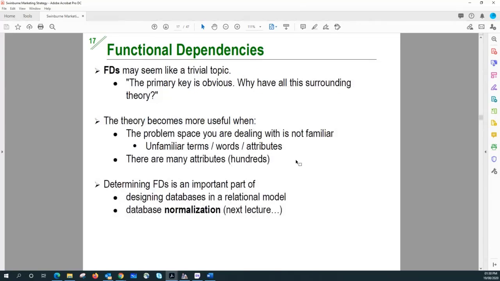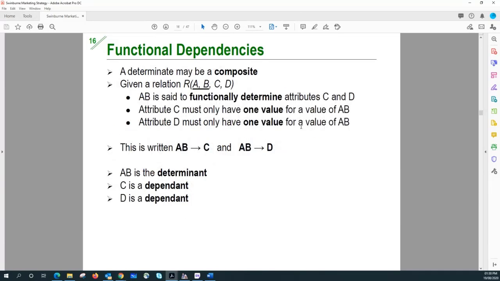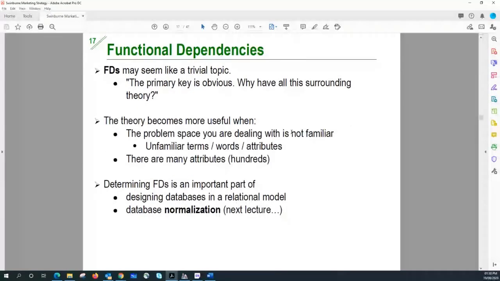Right, so this is a very small topic. It looks like a very trivial topic, but it's very important because, as I mentioned before, this theory is very important. If you go to an unknown problem space, you are dealing with unfamiliar terms, words, attributes, etc. There can be many hundreds of attributes.